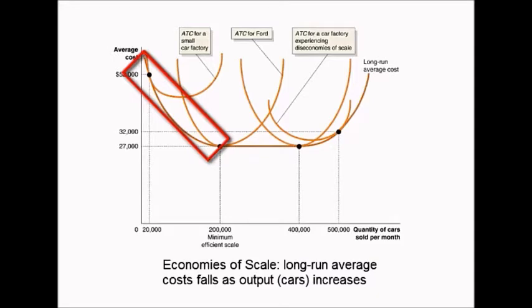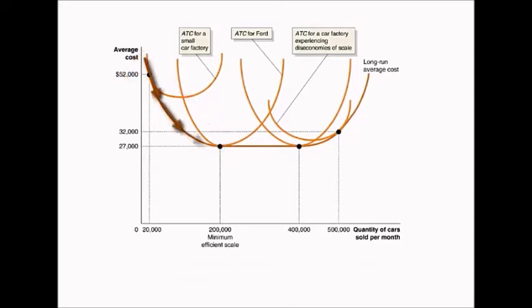Notice, from 0 cars produced up to 200,000 cars produced, average costs in the long run are falling. Second, at exactly 200,000 cars produced, we describe this as minimum efficient scale. That's when economies of scale ends. At this minimum point, from 200,000 to 400,000 cars produced, we have the average costs in the long run remaining constant.